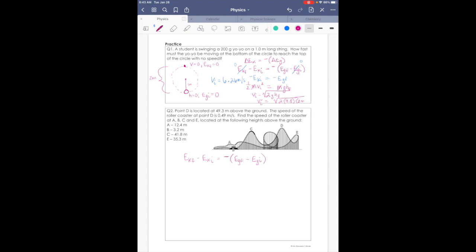The initial point for all of the ones that you're going to be calculating is going to be point D. Then you're just subbing in all of the final values with the different A, B, C, and E.